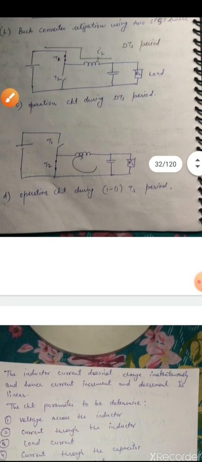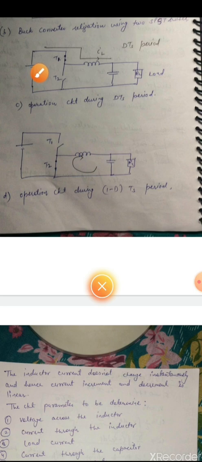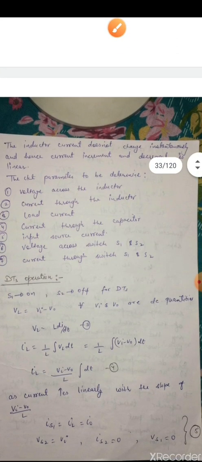Obviously we can see that this is minus plus Vs, this is plus minus VL, which is minus VL, and this is plus minus Vo, so minus Vo equals 0. Taking it to the right hand side, VL equals Vi minus Vo. This is the equation.